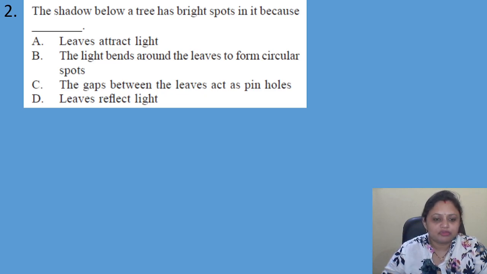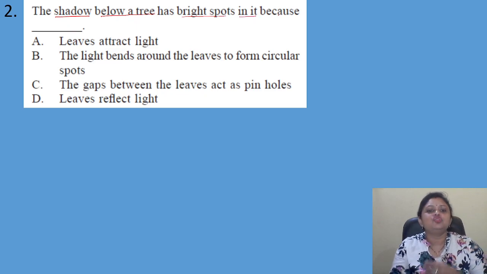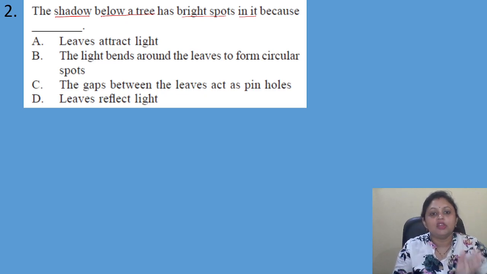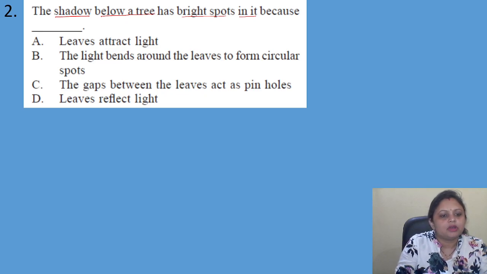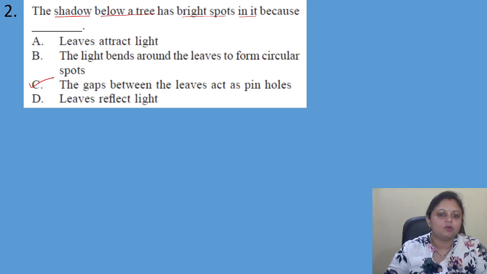D, leaves reflect light. So the question is: the shadow below a tree has bright spots in it. In the shadow of a tree, there are bright spots here and there. So what is the reason? The reason is that the gaps between the leaves act as pinholes. The leaves have gaps between them, so that acts as pinholes. So the correct answer is option C.